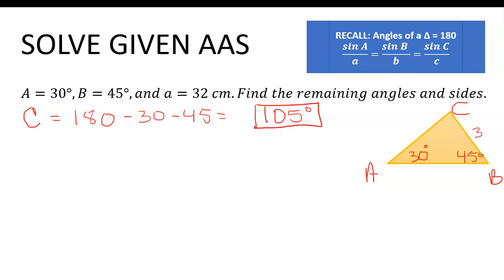Now we're going to use the law of sines to find some of the other measures. And there's a 32 here. So I'm going to play off of the proportion using the A's. Reason being, the A's were given, so I'm going to use those. So I'm going to use the law of sines.